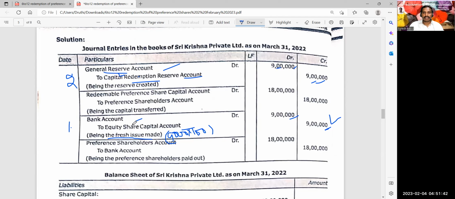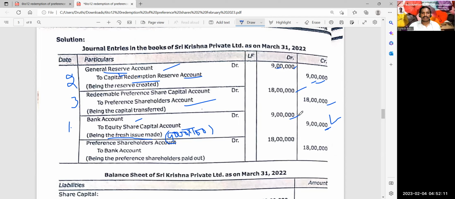Okay. Now, you need to transfer this one according to this order. What is that? Redeemable preference share capital account debit 18 lakhs to preference shareholders account 18 lakhs. Without this entry, you cannot make the payment. Why? Because preference share capital is to be transferred to preference shareholders account before making the redemption, that is the provision.